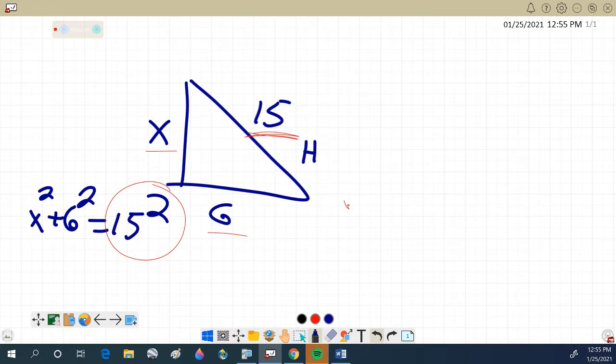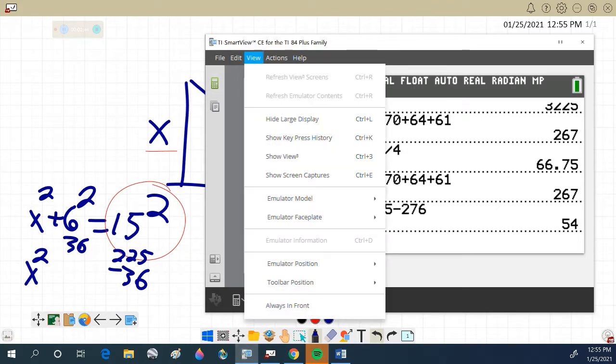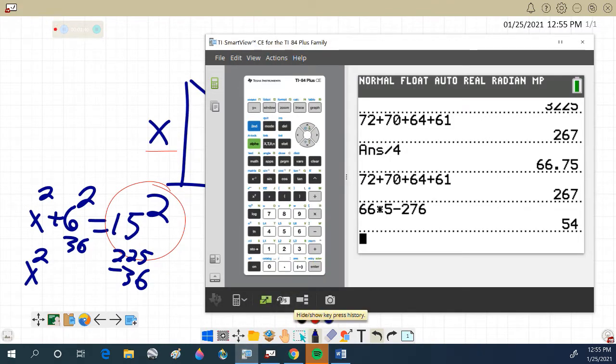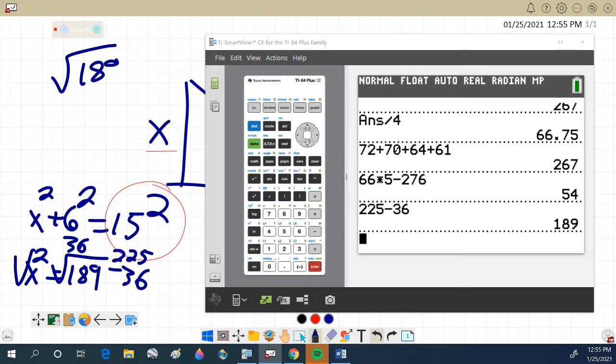Okay. So here we just use our algebra to solve. This is 225. This is 36. So 225 minus 36 is 189. Take the square root, and I get the square root of 189.